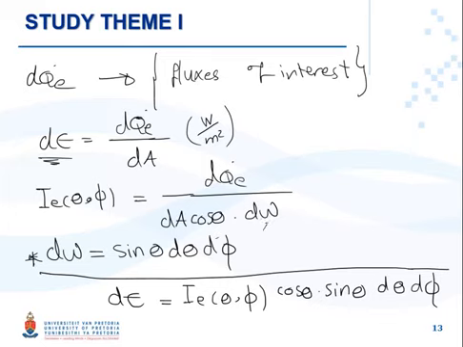So we substitute this one here and we substitute this one here. Of course, again, it's the differential form of emissive power. We need to integrate over theta and phi to be able to calculate it, and for a hemisphere it will be for theta between 0 and half pi, and phi between 0 and 2 pi.